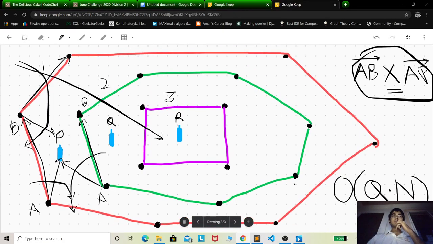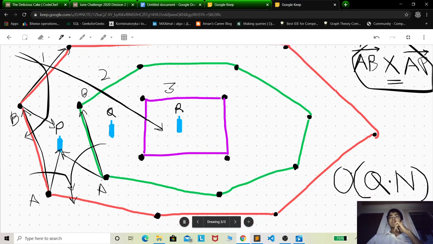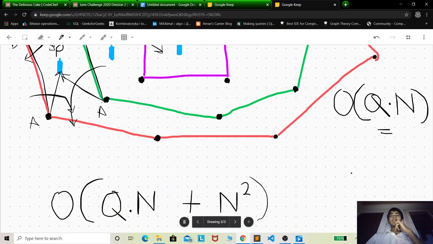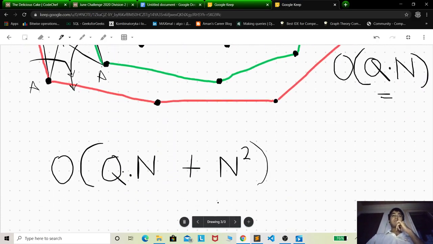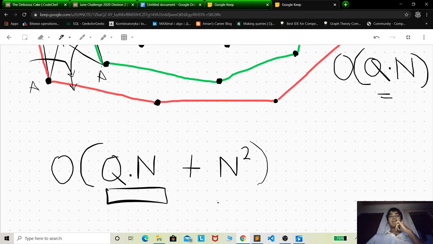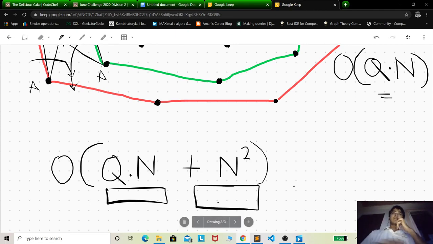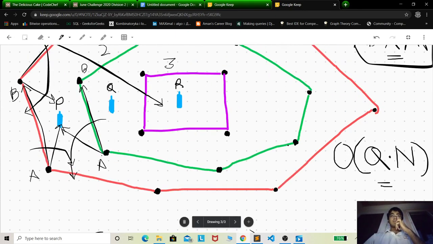There is a way to optimize this to logarithmic time complexity by using binary search, but for the given constraints this will hold good, and this is a very simple method, right? So the total time complexity will be O of q into n for the queries, plus O of n square for the construction. So it will be O of q into n plus n square.